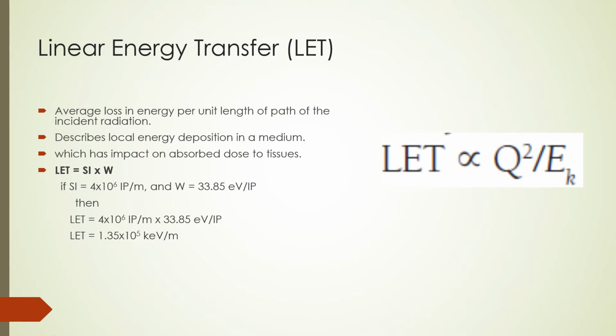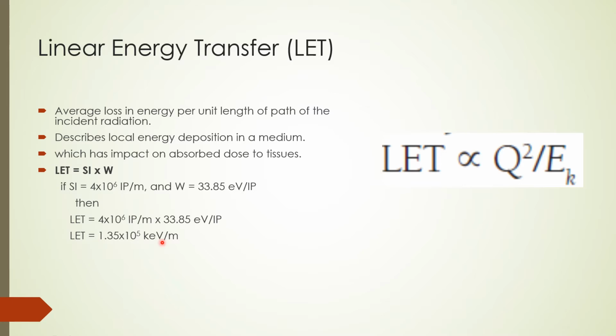For example, if the specific ionization is 4 times 10 to the power 6 ion pairs per meter and W is 33.85 electron volts per ion pair, then LET can be found by multiplying 4 times 10 to the power 6 ion pairs per meter by 33.85 electron volts per ion pair. This gives us an LET of 1.35 times 10 to the power 5 keV per meter.